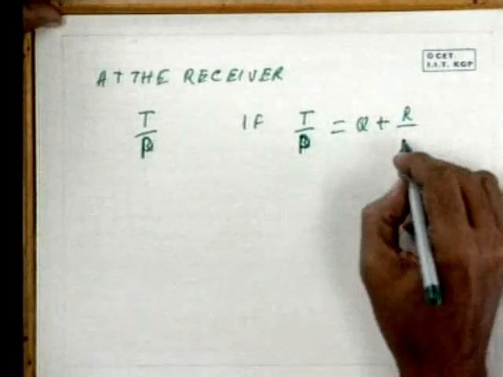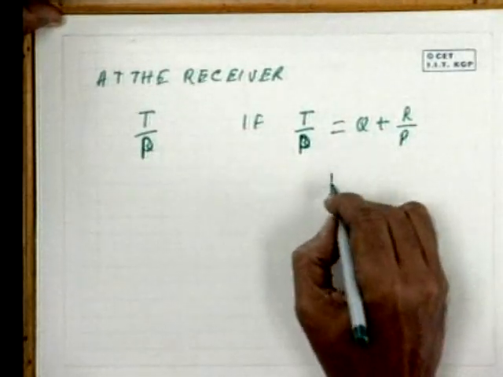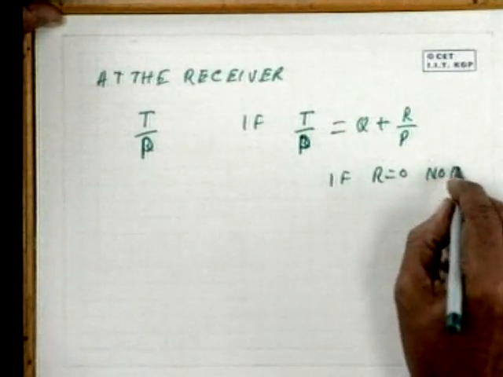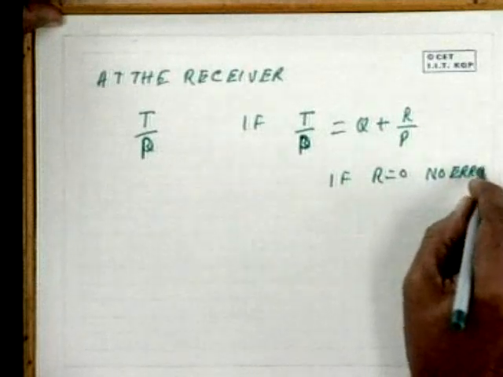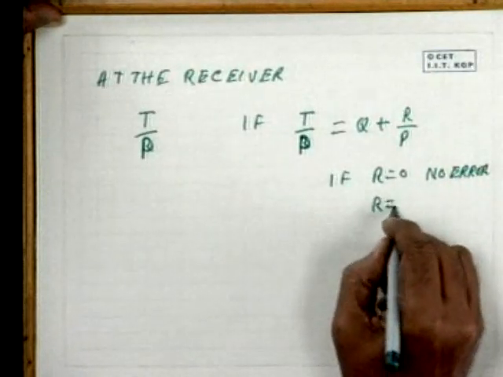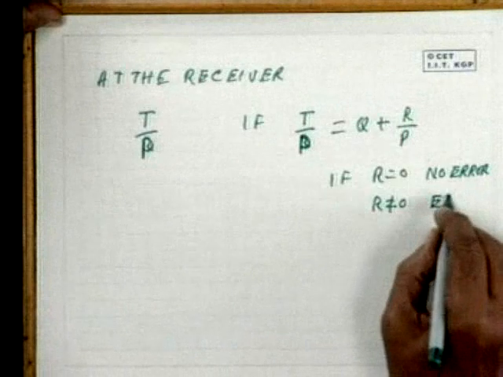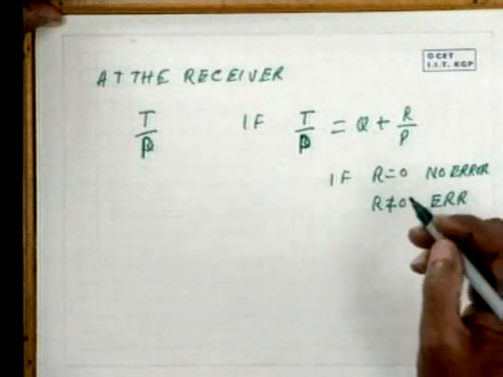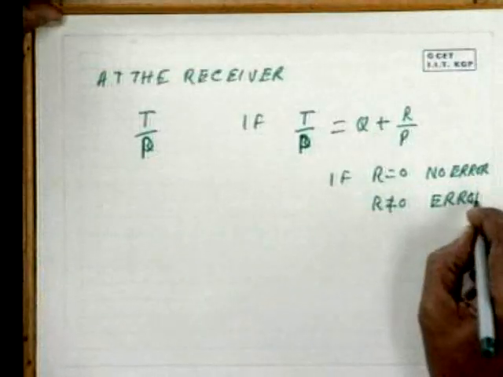If r is equal to 0, then no error, and if r is not equal to 0, then error. What are the different kinds of error it can detect, that we shall discuss later.